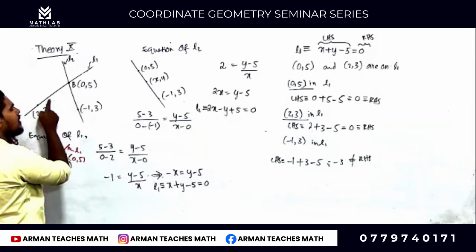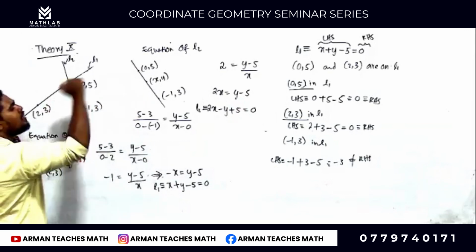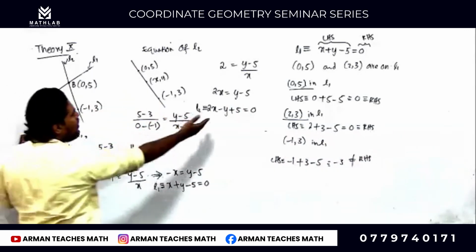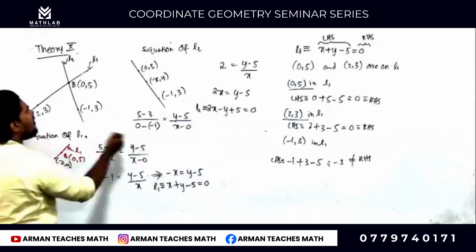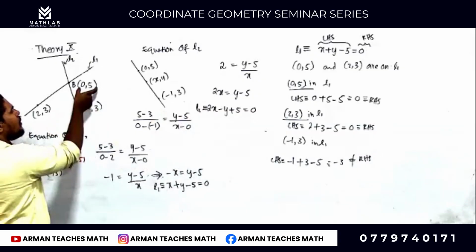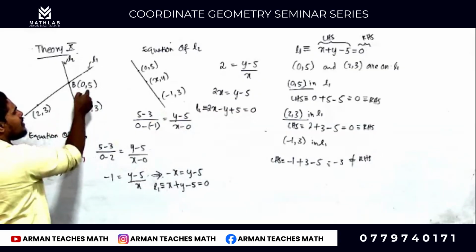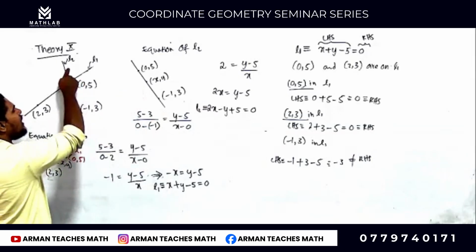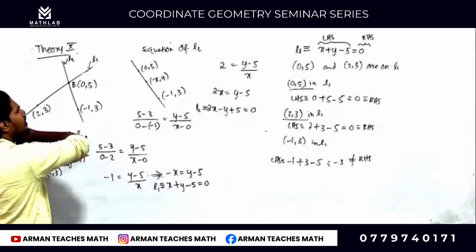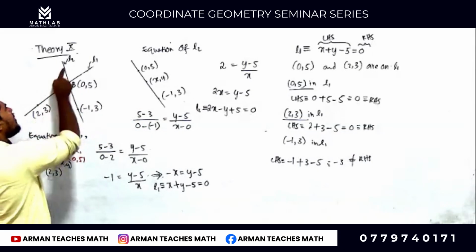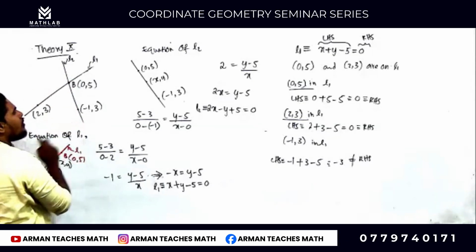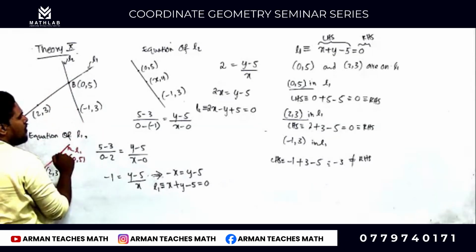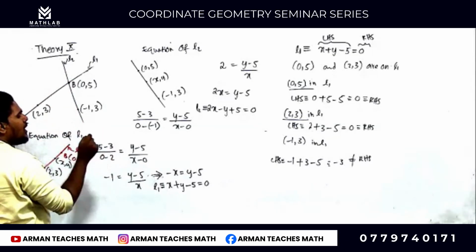This one will not satisfy the equation of this straight line. You can do the same analysis for L2 and see. What are the points on L2? 0, 5 and minus 1, 3. These are points on L2. You can substitute the values and see the equation of L2 will be satisfied, and substitute this other coordinate in L2's equation and see it will not satisfy. Okay, what's the conclusion?